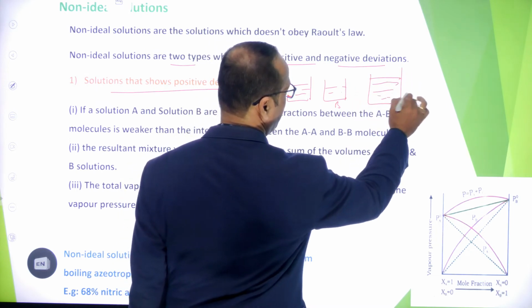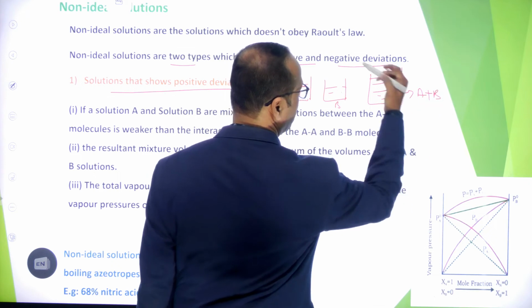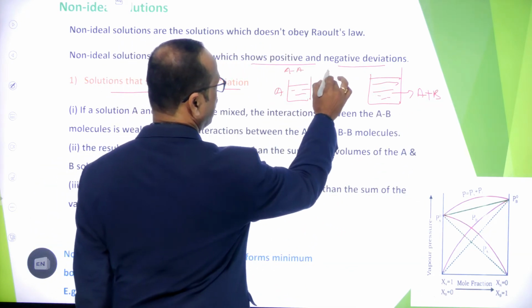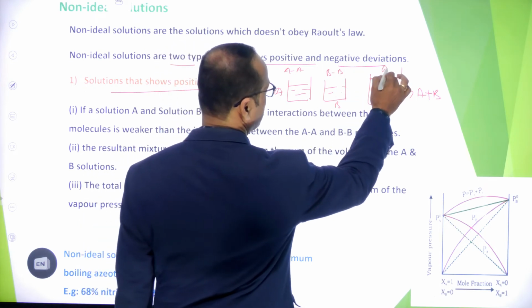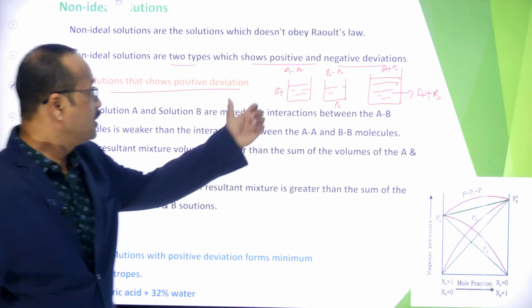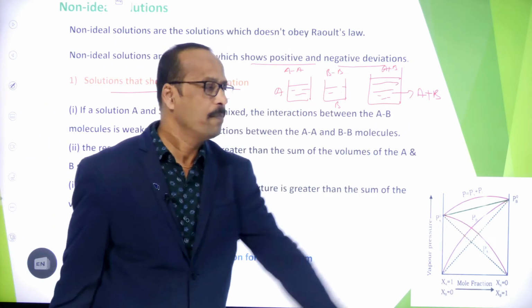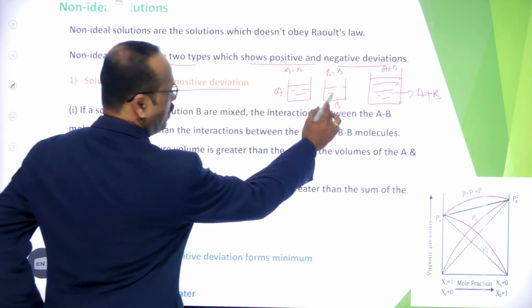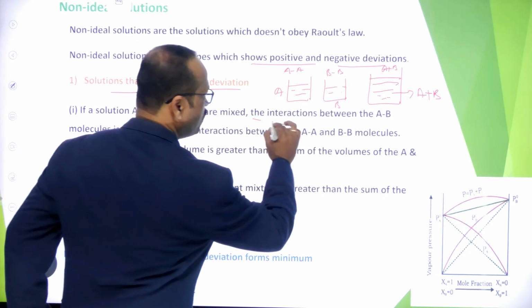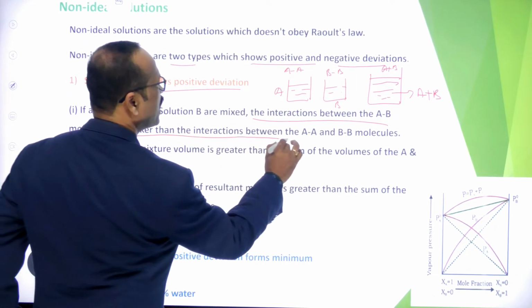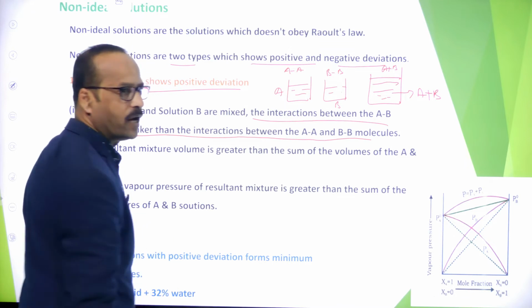So this is A plus B. Here is the interaction between A and A, here between B and B, and here I am checking the interaction between A and B. One is a solute, one is a solvent. Now see here: if solutions A and B are mixed, the interaction between A and B molecules is weaker than the interaction between A and A, and B and B molecules.